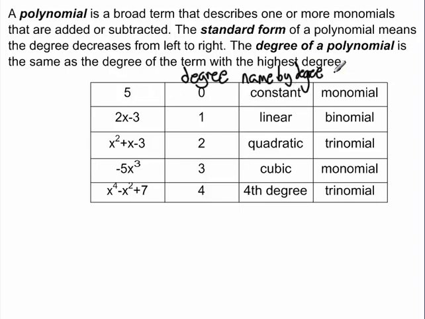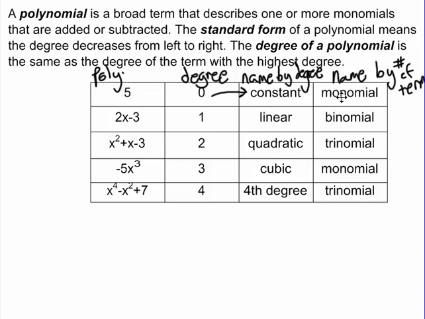Okay, and this is the name by number of terms. Okay, and this is the polynomial that we're dealing with. Okay, so I see there's no variable. It's to the 0 degree. The 0 degree means that it is a constant. Okay, these two are linked up, and then because there's only one term, it's a monomial.